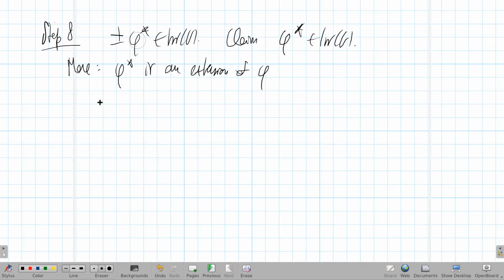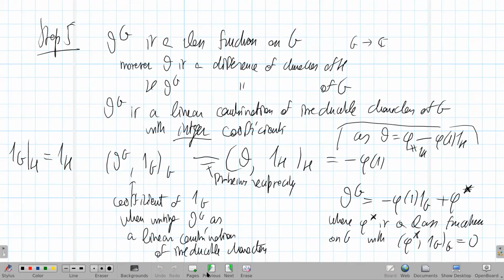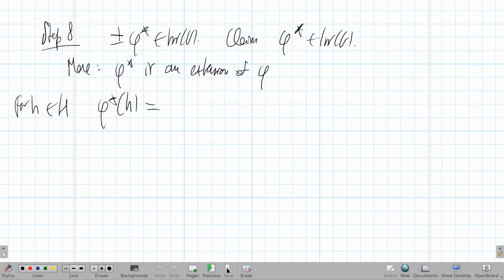Which means we compute phi star of h for h in H, and we want to see what we get. So phi star, we should recall where phi star comes from. Phi star is here, okay, you see? So yes. So phi star is theta^G plus, you take this to the other side, phi(1) times 1_G, okay? So this is theta^G, not in red.